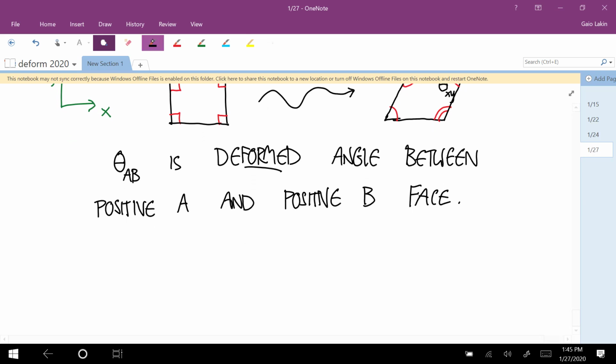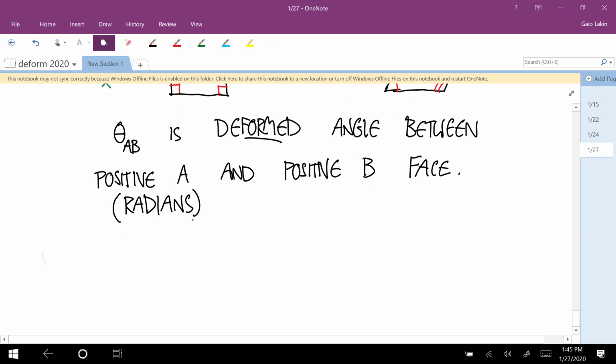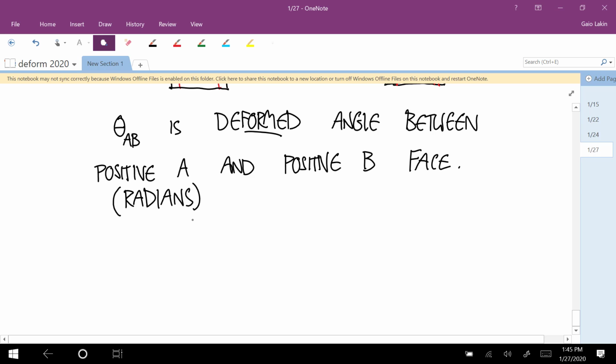Oh, and I didn't say, we're going to do these in radians. So we're going to give these strains a new name, the Greek letter gamma. Gamma xy is equal to pi over 2 minus theta xy.